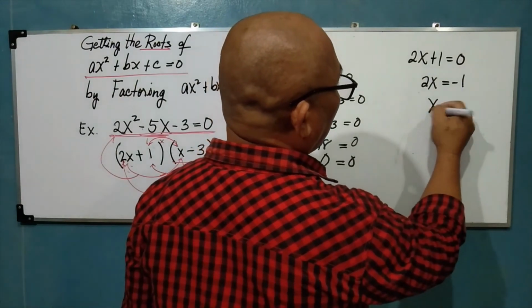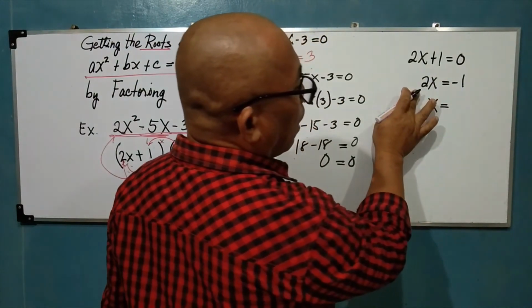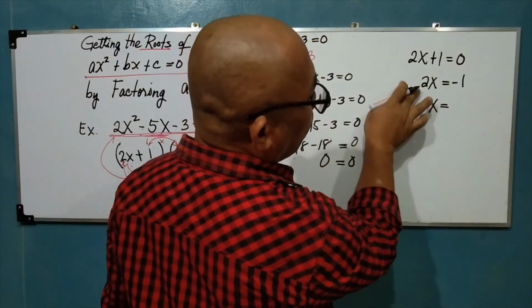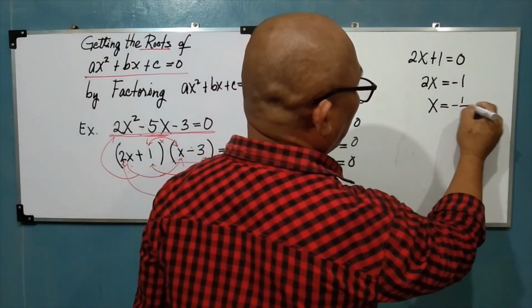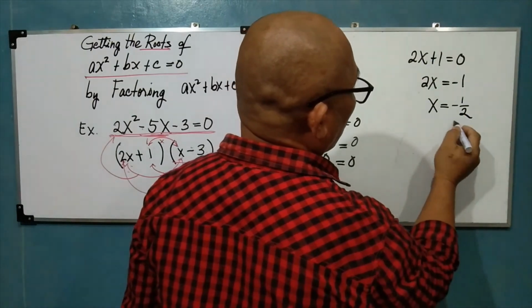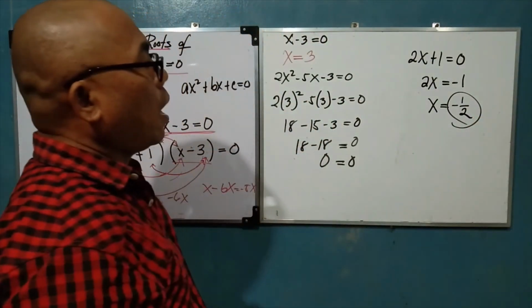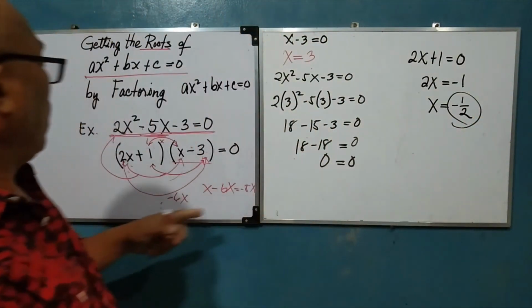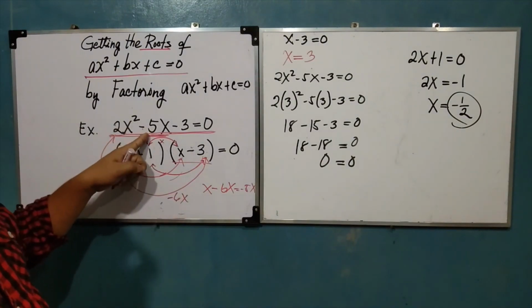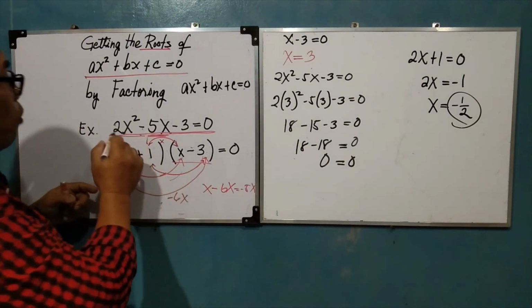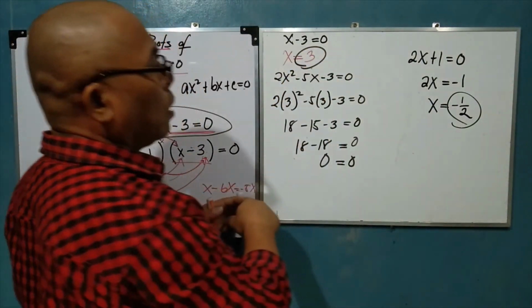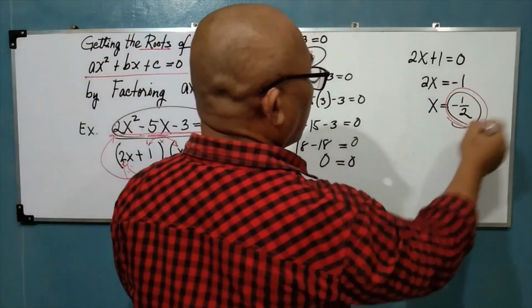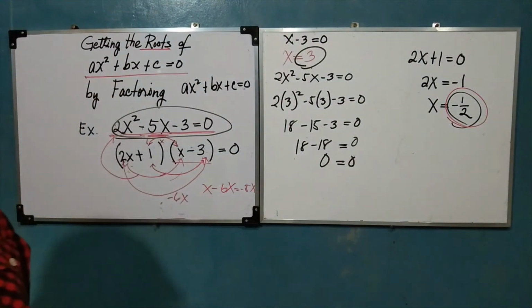Now, you divide both sides by 2, the numerical coefficient of x. So you will get negative 1/2. So this is the other root of this quadratic equation. Again, for this quadratic equation, the roots are 3 and negative 1/2.